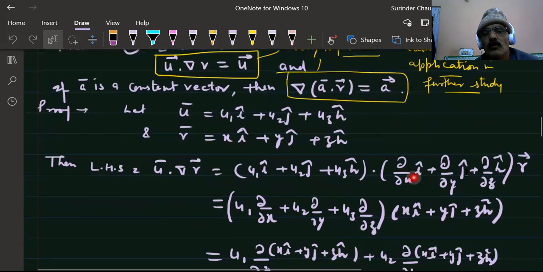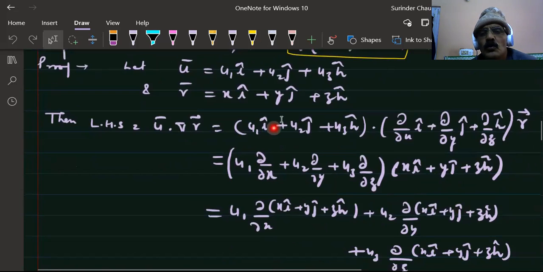Substituting the value, u vector is u1 i plus u2 j plus u3 k, dot gradient of r vector, where r is equal to x i plus y j plus z k. Then the partial derivative of x with respect to x gives partial x by x, i dot i, partial of x with respect to x. How much is the value?